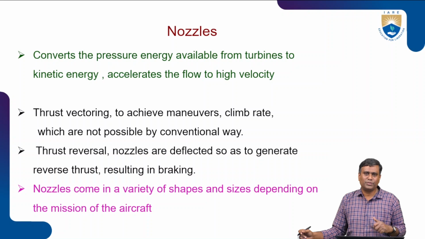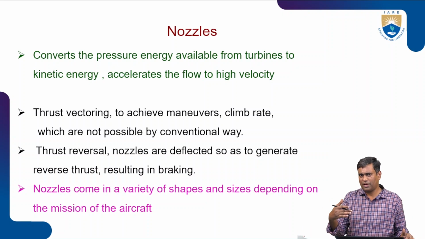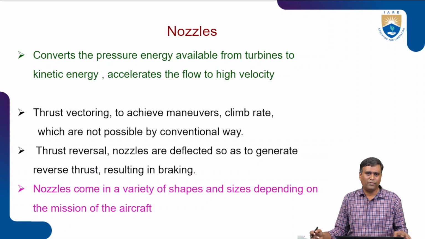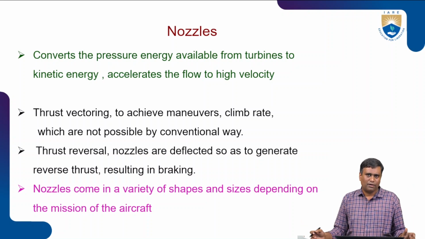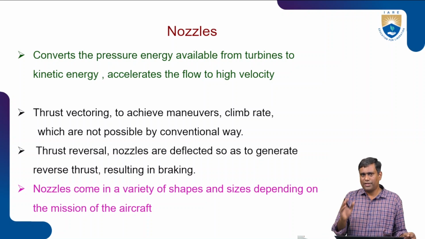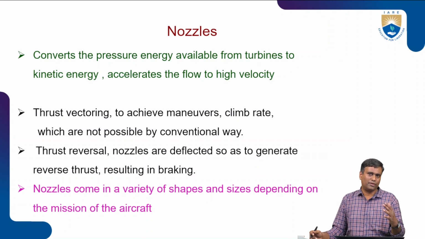Then turbines will extract the energy from this high temperature, high velocity exhaust and continue to drive the compressor part. Whatever energy is left, thermal energy as well as pressure, will be converted to kinetic energy through the nozzle.